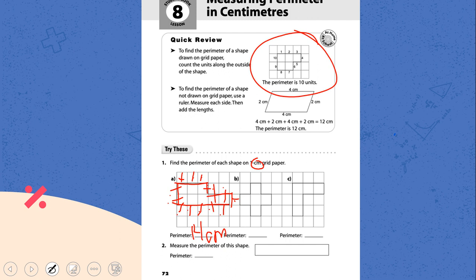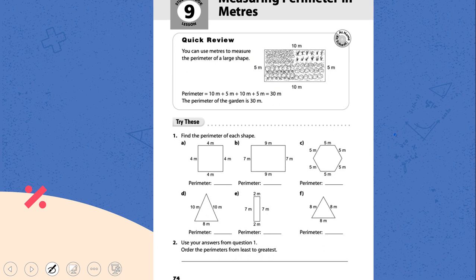That's it. Number 2, you need to measure this shape. So you need to measure all the way around, so using your ruler, please, okay? And remember, it's actually really easy because you just really have to measure this side and this side. So for page 74, you do not have to do question 2. You only have to do number 1.